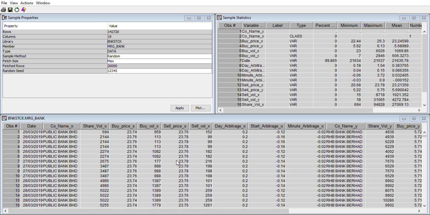Actually, that will improve the efficiency of our model, and we hope to see improvement in the performance of the model too. So that's coming up in the next video.